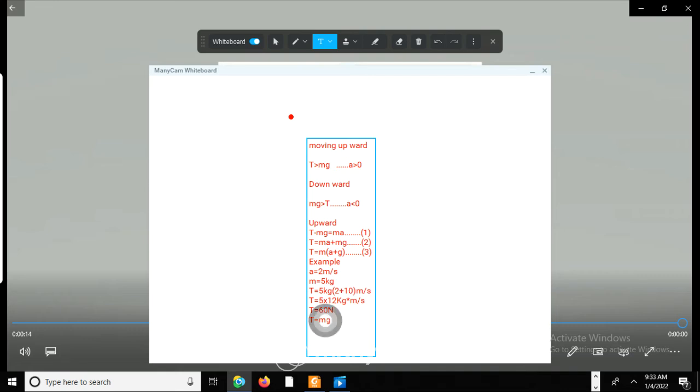Let us say the new mass, M prime, is equal to 60 Newton divided by 10. Okay, M will be 6 kilogram.